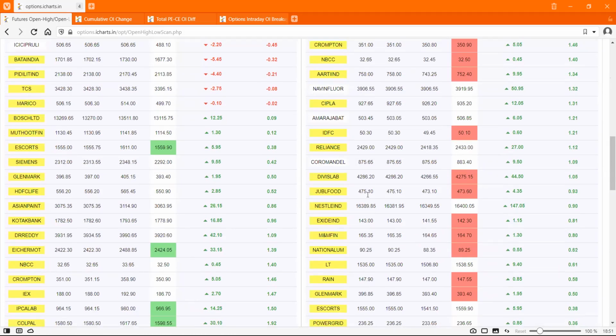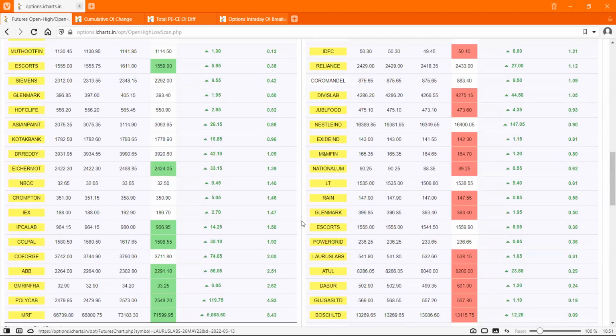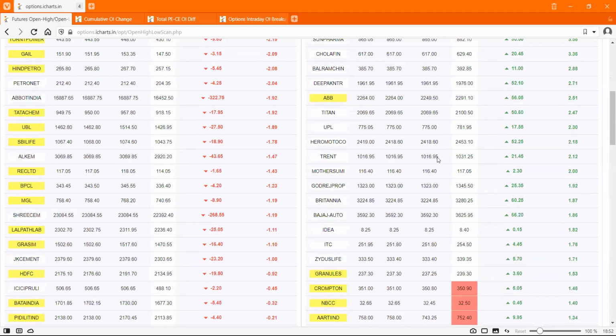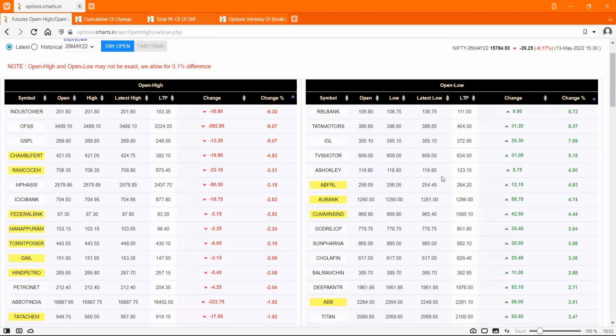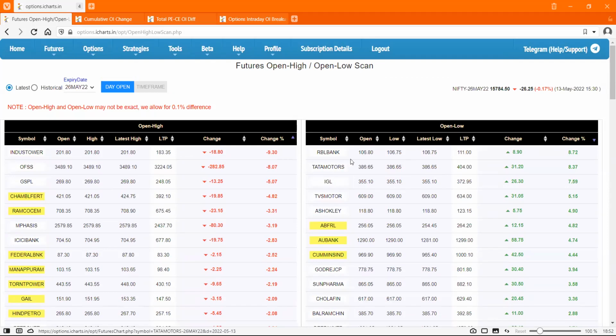If you see, out of these, many have broken, because obviously the market was negative. But there are enough scripts where this condition held for the day. So you can take a look and check these stocks.